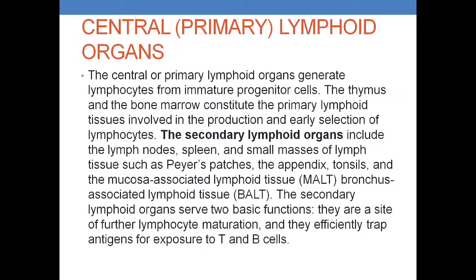The secondary lymphoid organs serve two basic functions. They are a site of further lymphocyte maturation, and they efficiently trap antigen for exposure to T and B cells.